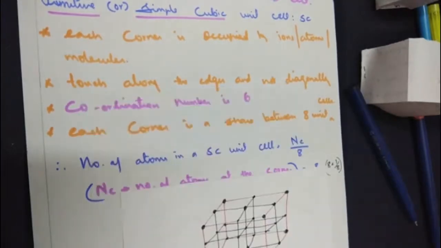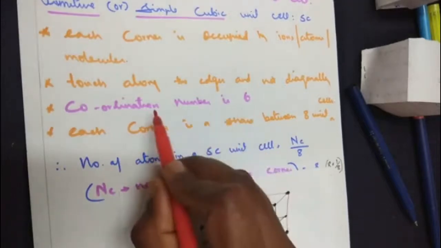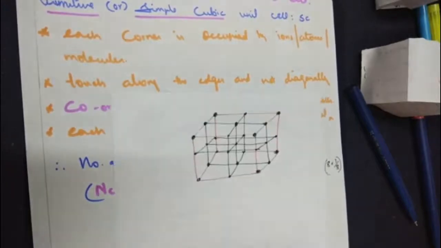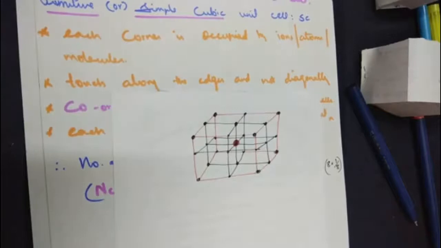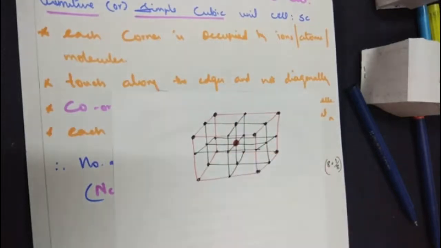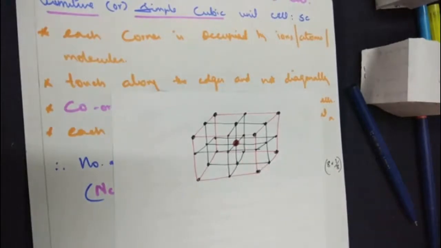Now I'm coming back to teach you the meaning of coordination number. I'm sorry, in the previous class I made it 4, forgetting about the 2 points. So I'm rectifying it here. I'm talking about the particle here. Coordination number is the number of neighboring atoms or particles surrounding the point of interest. My point of interest I marked with red color. Now we have to calculate how many neighbors are there.